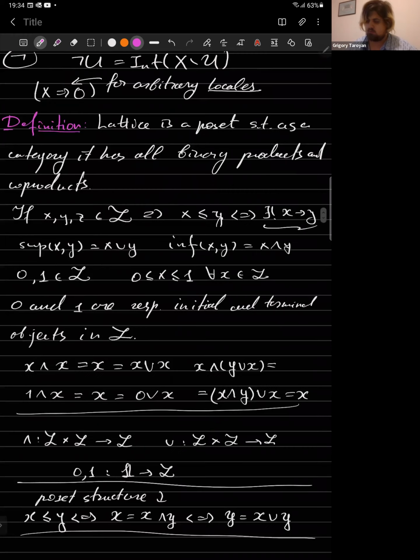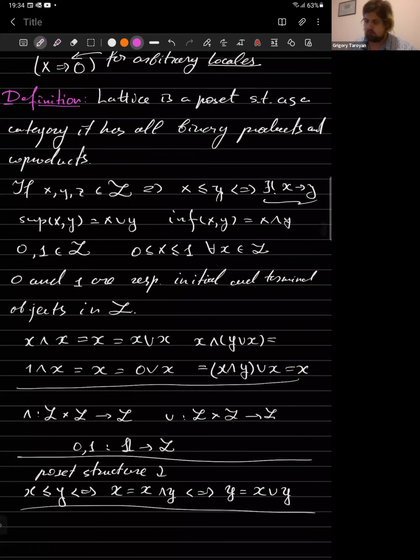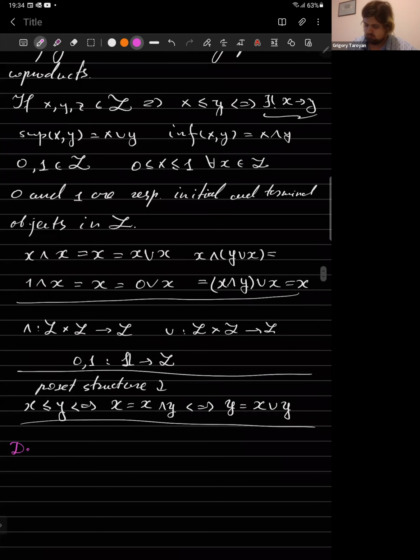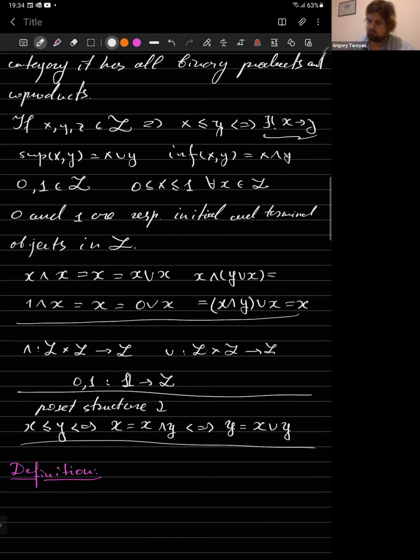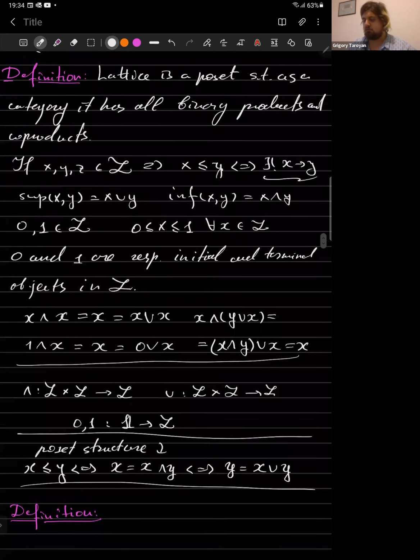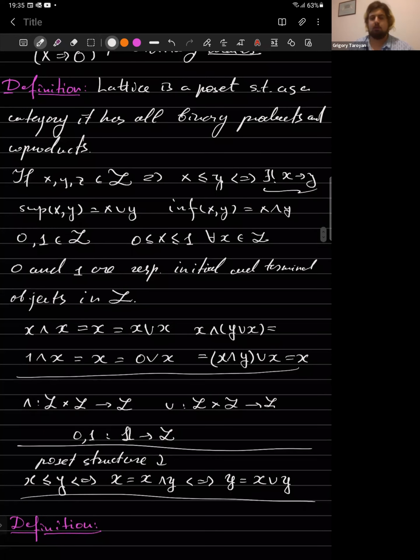Okay. So this was a general definition of a lattice. Now I move to a more specific definition of a distributive lattice. I don't think that I need to give any examples here, but if one wants, one may consider subsets of a given set.